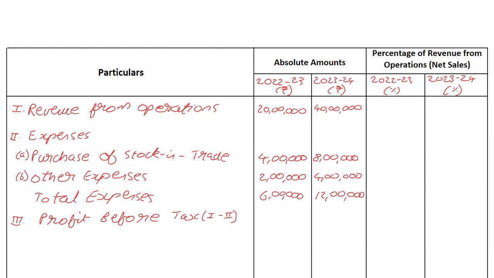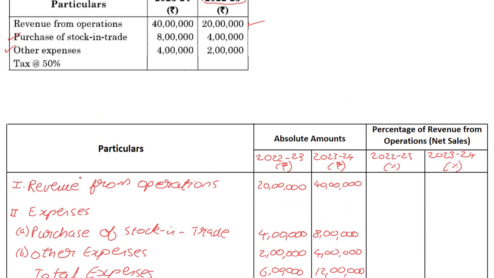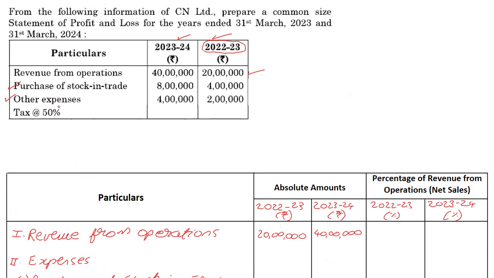Next, we subtract tax. Our tax rate is 50%.